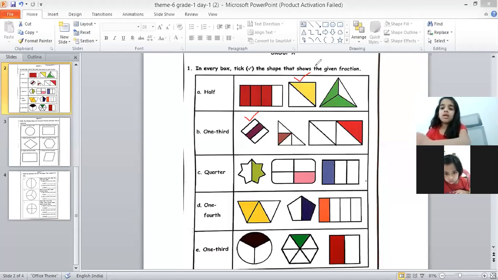Tarini, tell me, in the third shape, how many parts are shaded? Tarini, you were busy somewhere else, right? No, I was not busy somewhere else.